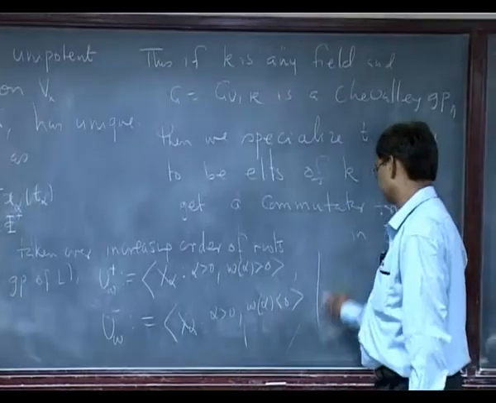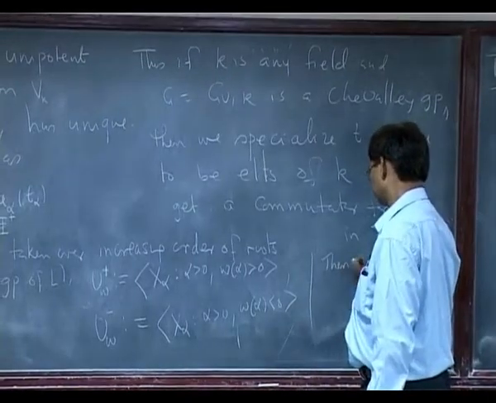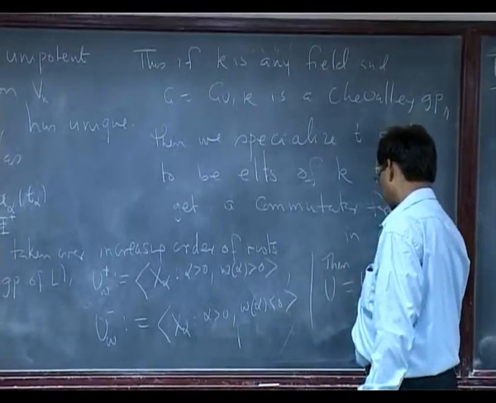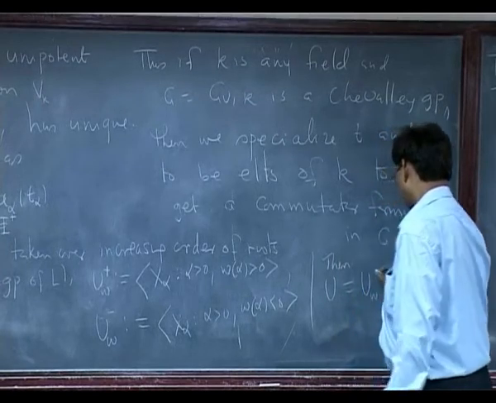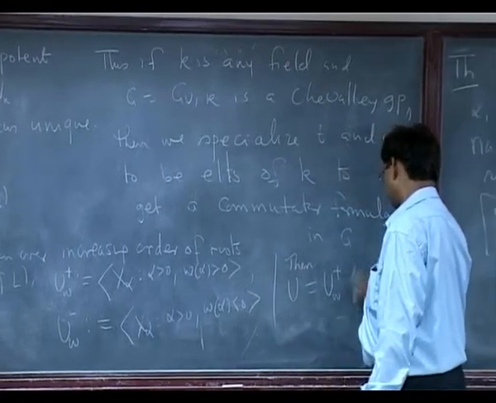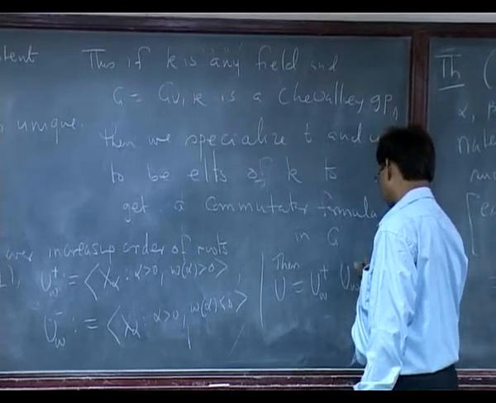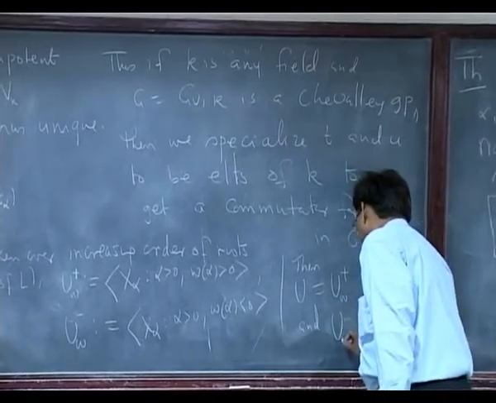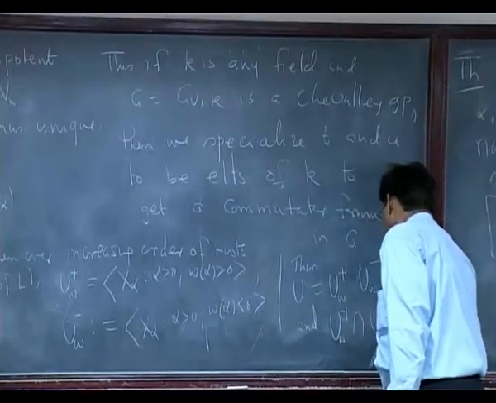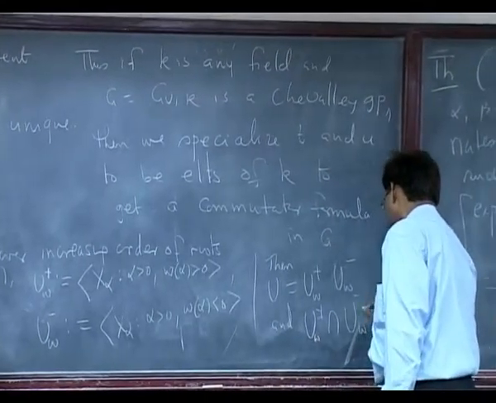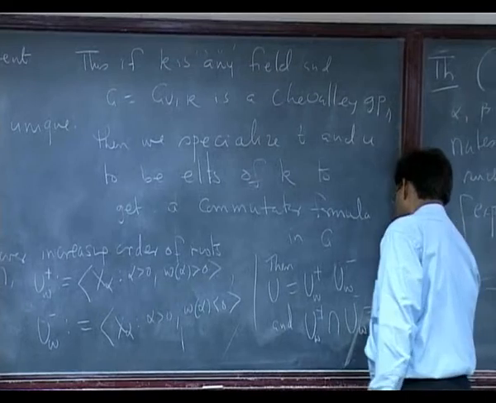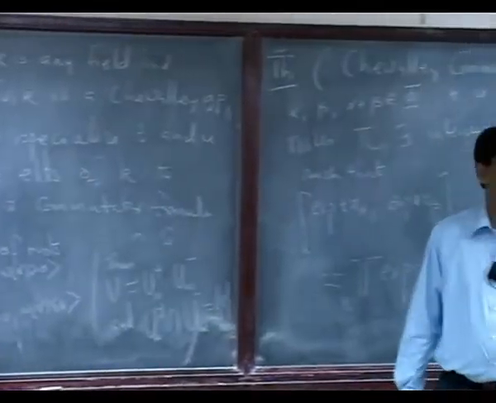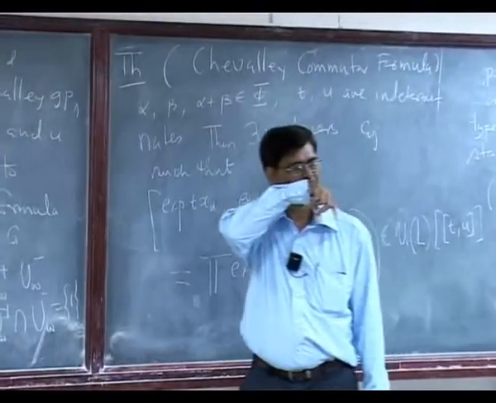Then U is U_w plus times U_w minus, and U_w plus intersection U_w minus is trivial.